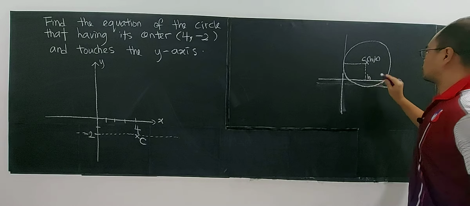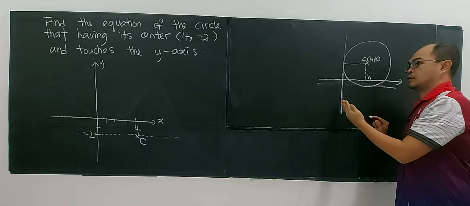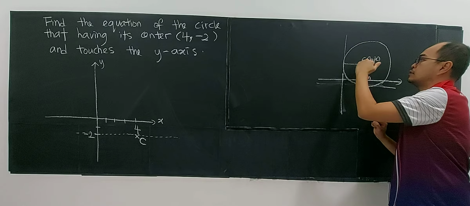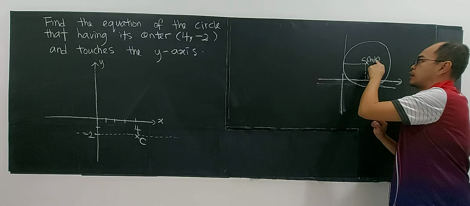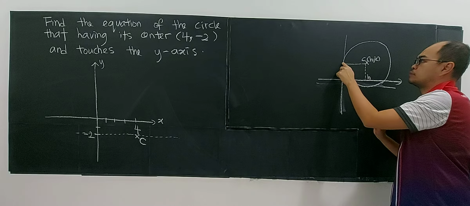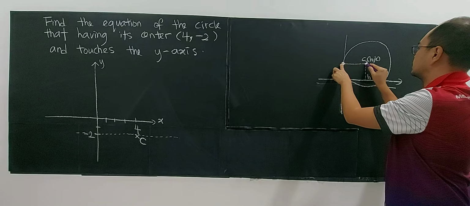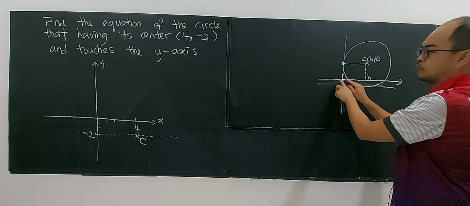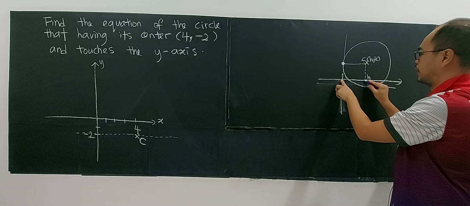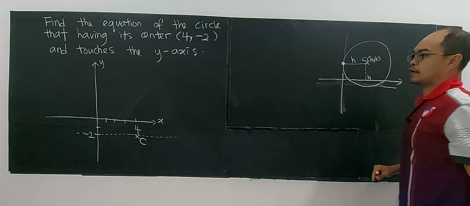Since the circle touches the y-axis, definitely this value of h will be the distance from the point of contact on the axis to the center, which is the same distance from the origin to h, the value of x here. So which means that the radius will be h, right?